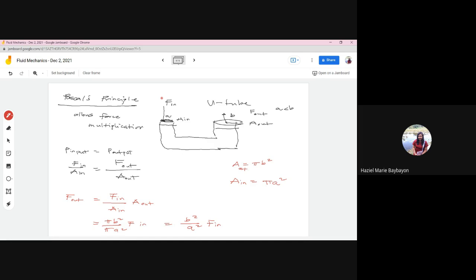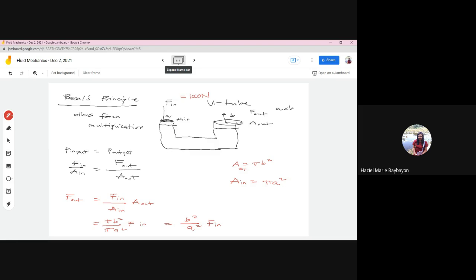So let us put values here. Suppose F input is equal to 1,000 newtons. How many kilograms is 1,000 newtons? Around 100 kilos multiplied by 9.8 is around 980, so around 1,000.